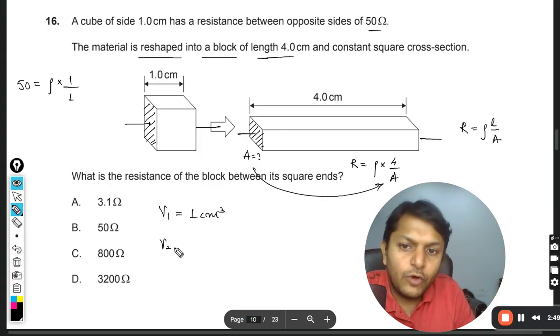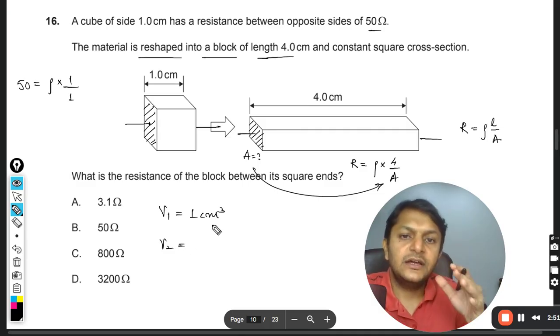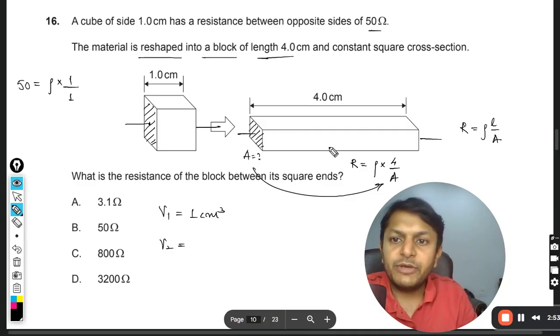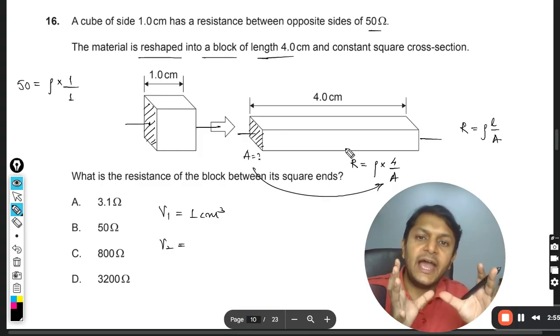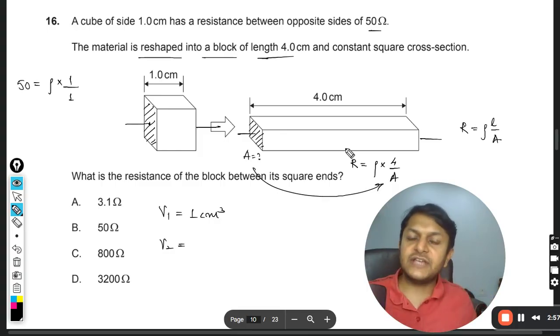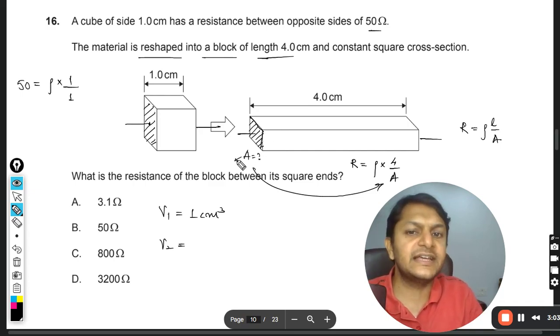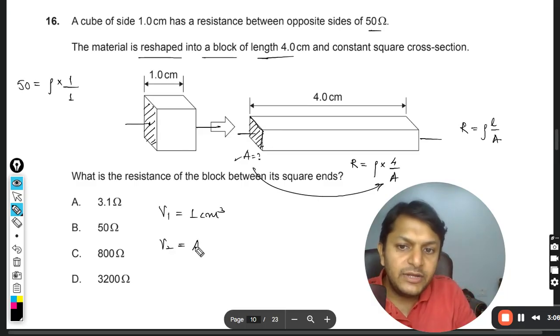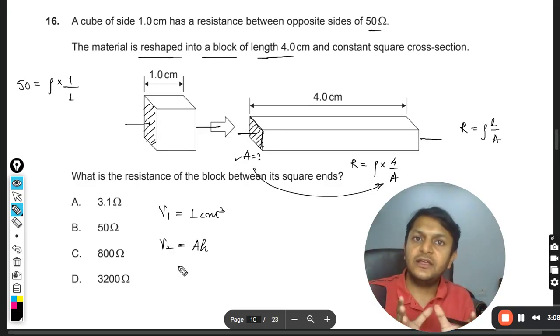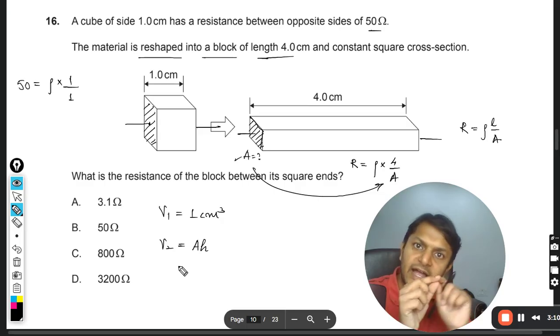And what about the volume of the second rod here? Because this is a cuboid with a constant cross-section area, but the length is not the same. The breadth is different, the height is different, but we don't care. We just take the cross-sectional area as A. The volume here can be written as A into L, the cross-sectional area and the length.